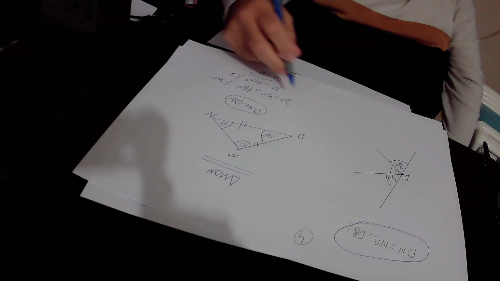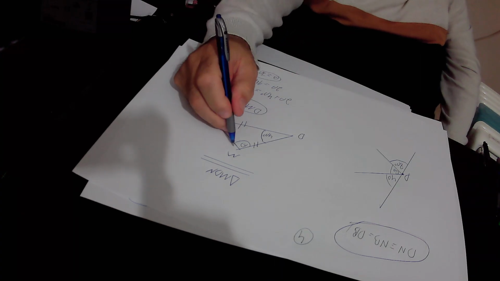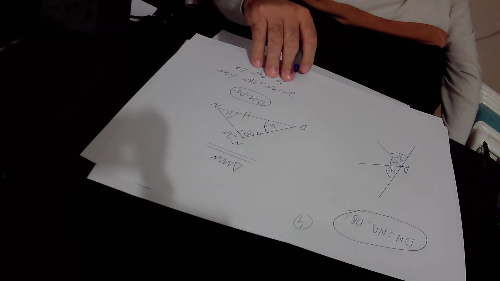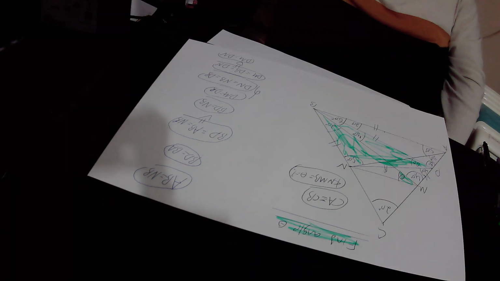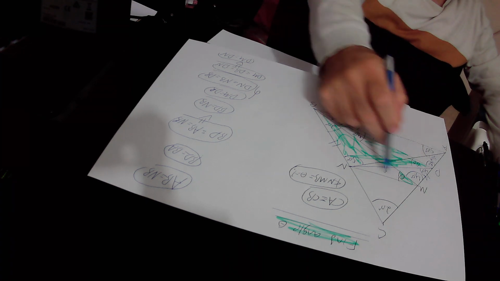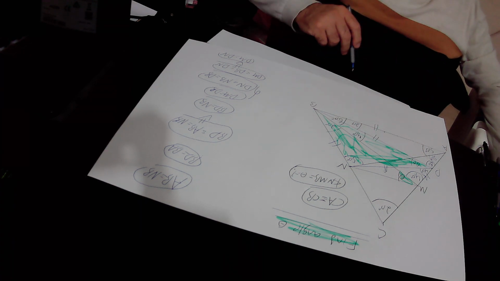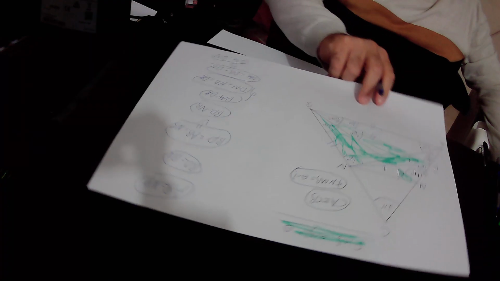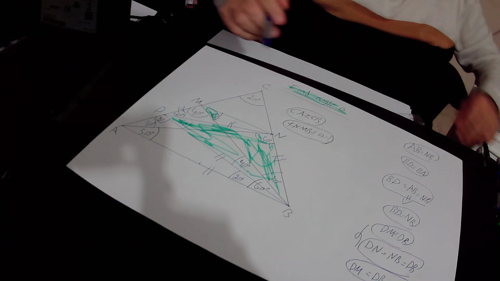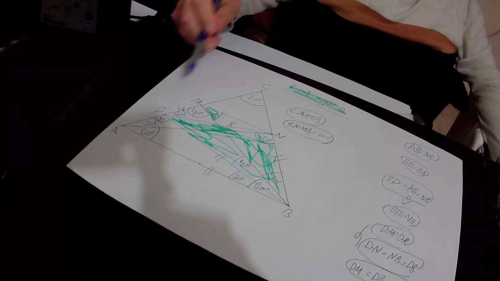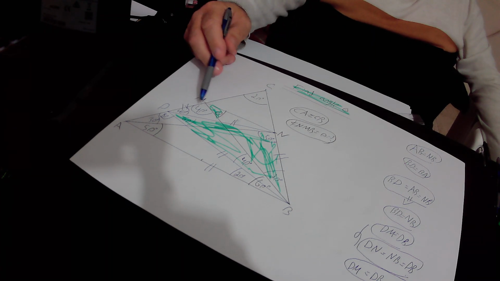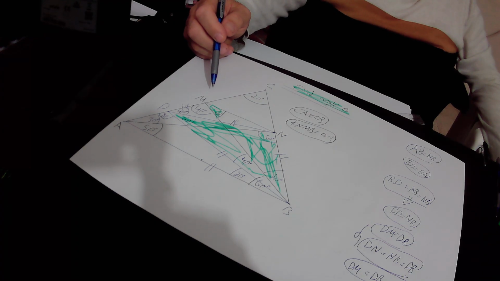So this angle DMN equals 70 degrees in its size.